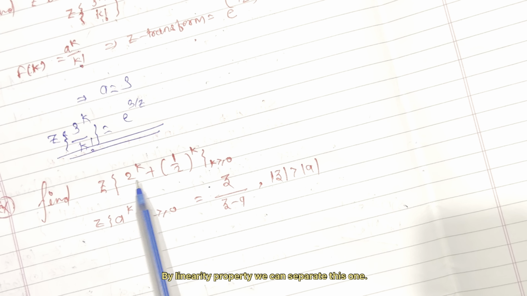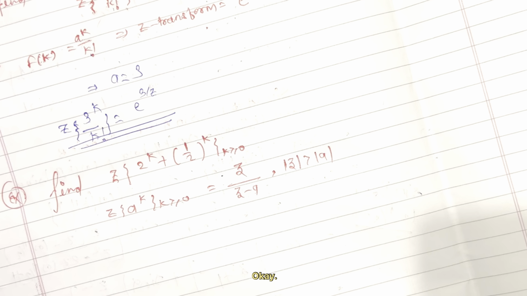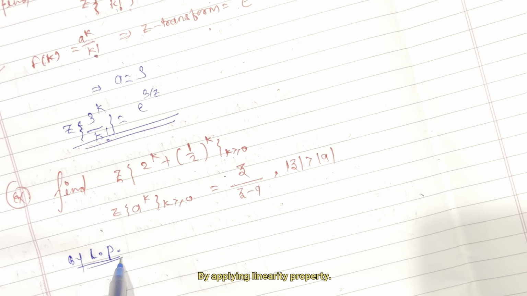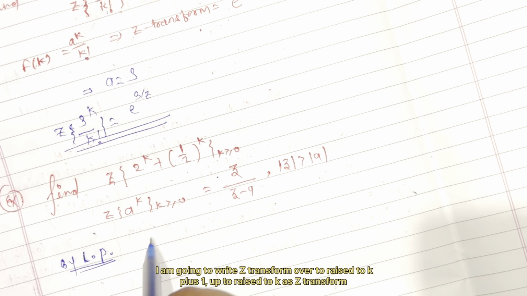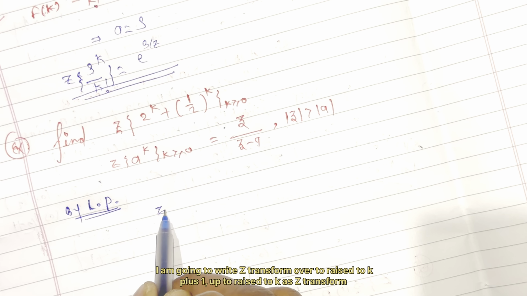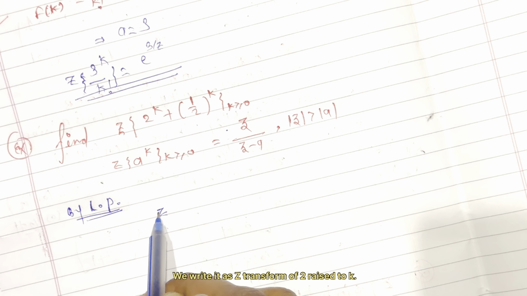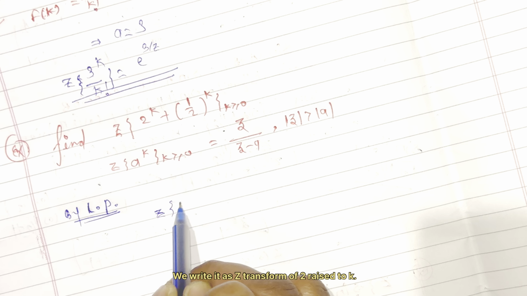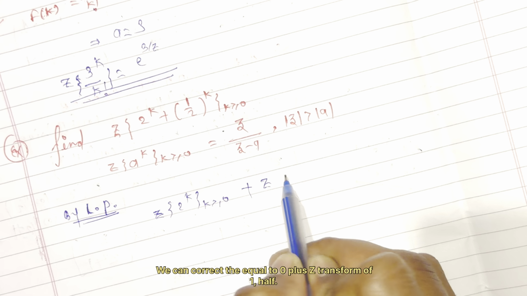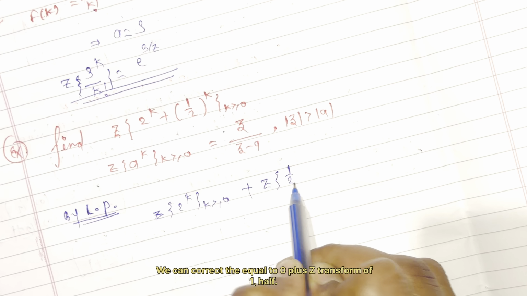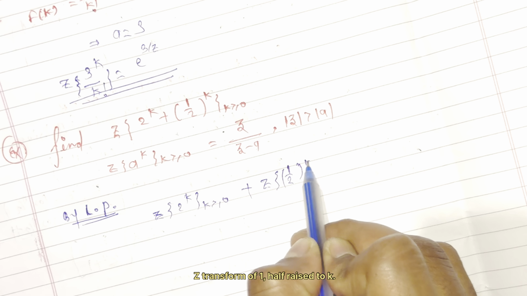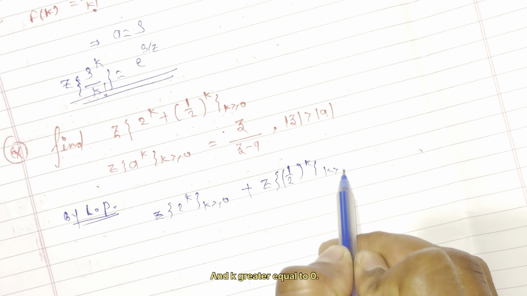Let's apply the Z transform to our sequence. By the linearity property we can separate this. Applying the linearity property, I write the Z transform of 2 raised to k plus 1/2 raised to k as the Z transform of 2 raised to k for k greater than or equal to 0, plus the Z transform of 1/2 raised to k for k greater than or equal to 0.